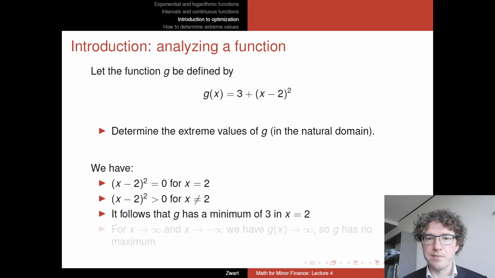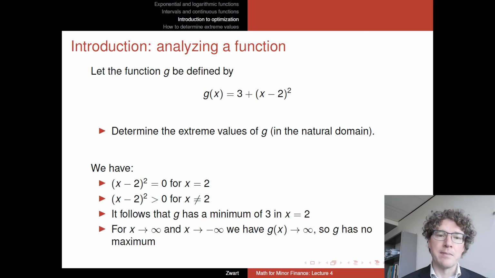So we're also wondering about all the extreme values. So might this function also have a maximum? Well, I think it's fairly easy to convince yourself that if x goes away to infinity or minus infinity, this (x minus 2) squared is going to be a very large number squared or a very negative large number squared, but either way, it's going to be very large, and as large as you wish actually.